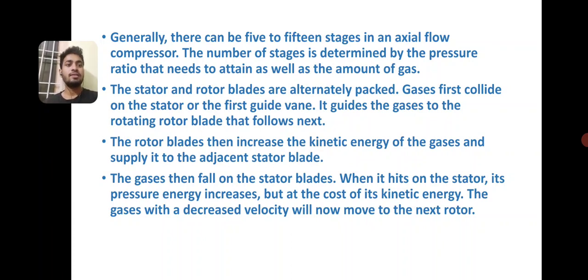It guides the gases to the rotating rotor blade that follows next. The rotor blades then increase the kinetic energy of the gases and supply it to the adjacent stator blade. When the gases hit the stator, their pressure energy increases, but at the cost of their kinetic energy. The gases with decreased velocity then move to the next rotor.